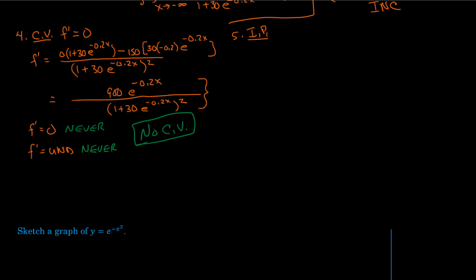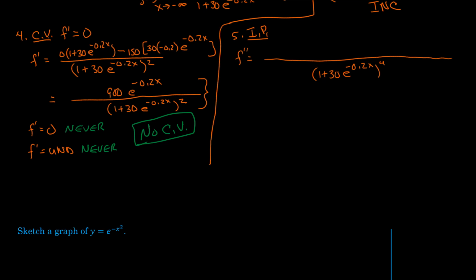We've got to take the derivative of this. The second derivative is going to be equal to, now in the denominator it's going to be this 1 plus 30 e to the negative 0.2x squared, squared. So that's going to be to the 4th power. So that's got that. In the numerator, we're going to take the derivative of this 900 e to the negative 0.2.